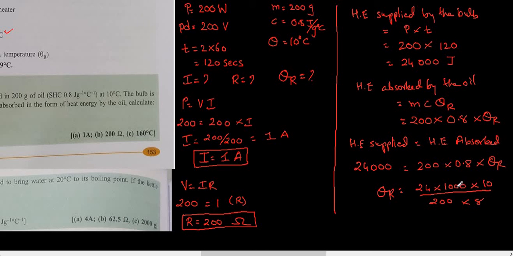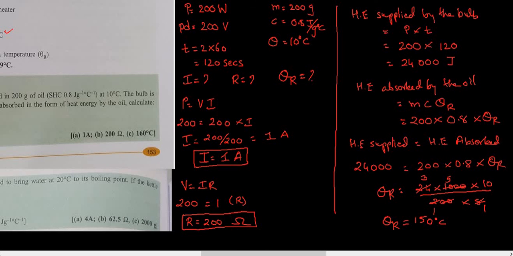Understood? Now these two 0s cancel, these two 0s cancel. Now 8 ones are 8 and 8 threes are 24. 2 ones are 2 and 2 fives are 10. So here 3 fives are 15, and 150 degrees centigrade. This is the theta rise.